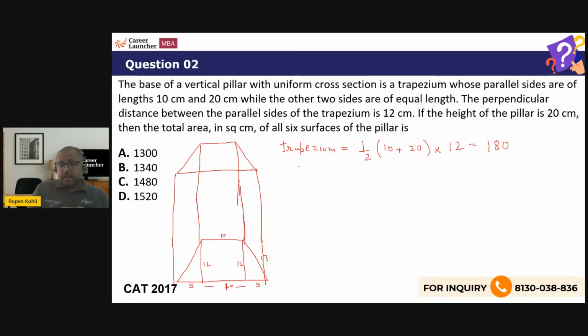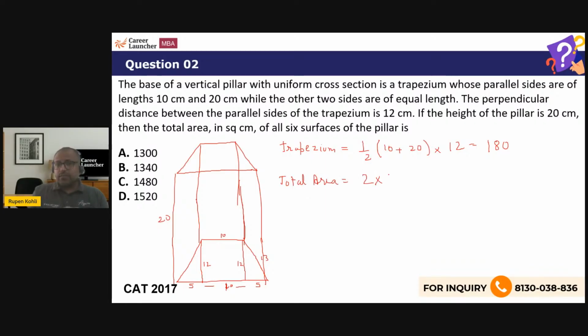So we'll have two such trapeziums. Apart from that, we'll have these rectangular surfaces along the whole solid. So those rectangles will have one of the edges as the base edge length of the trapezium, and the other will always be the height, which is the constant 20 centimeters height, right? This height is 20, common to all. So now we can finalize the total area of the trapezoidal prism.